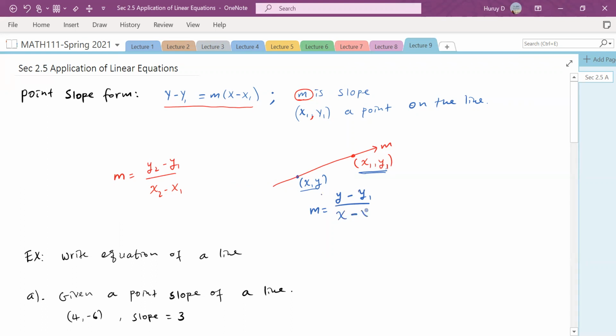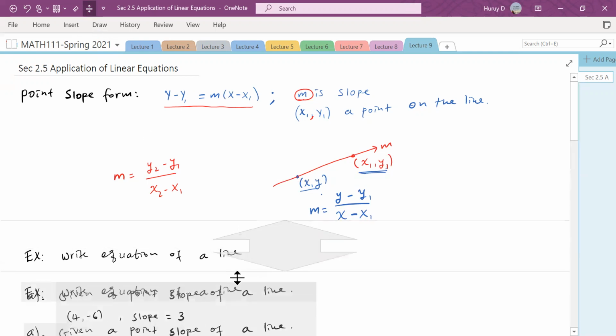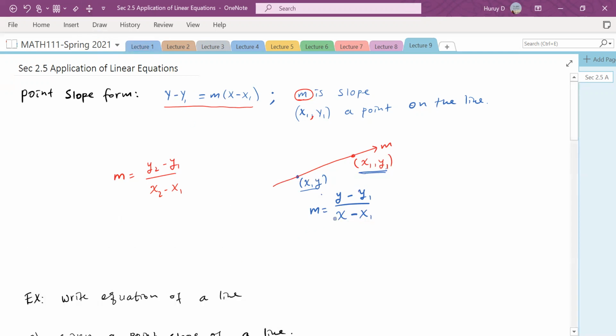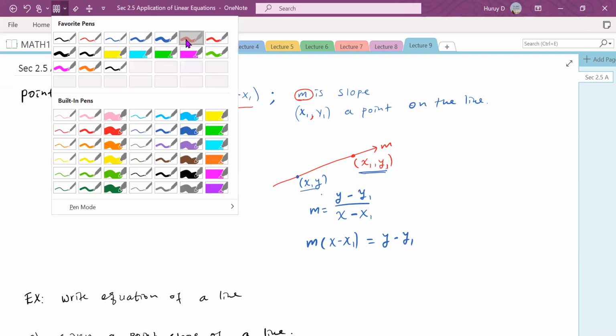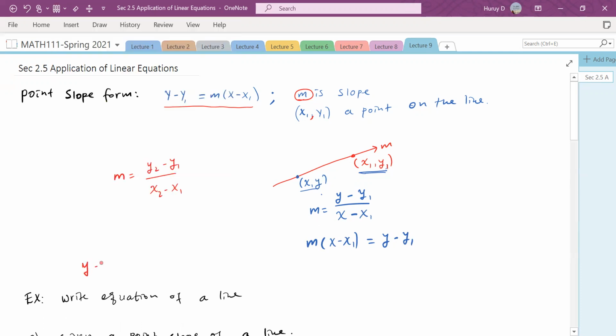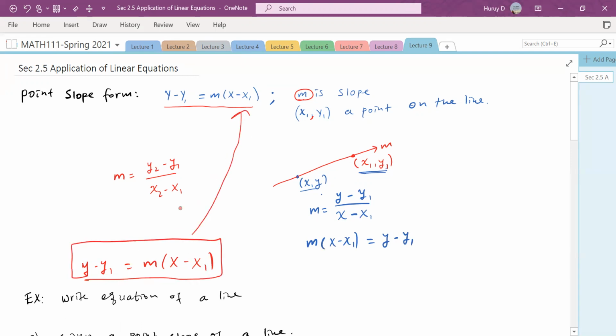Now if we simplify it, we get m times x minus x1 equals y minus y1. And if I rewrite this, we get y minus y1 equals m times x minus x1, and this is exactly the same as what we have right here. So this is how we derive it.